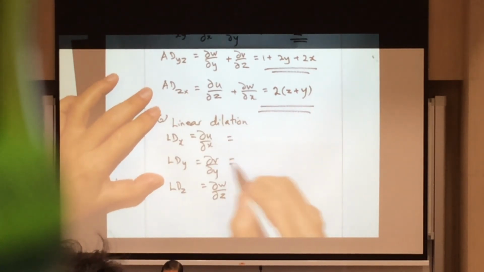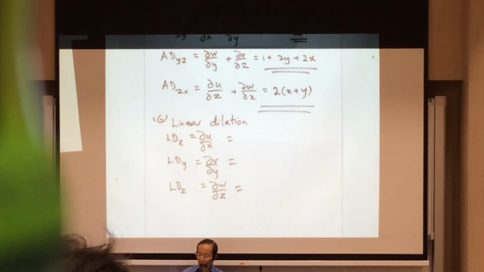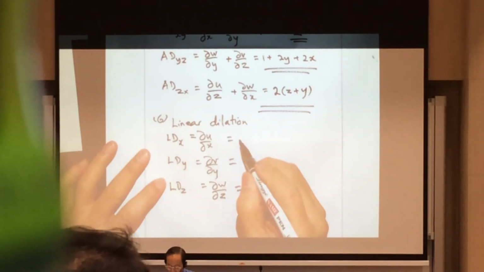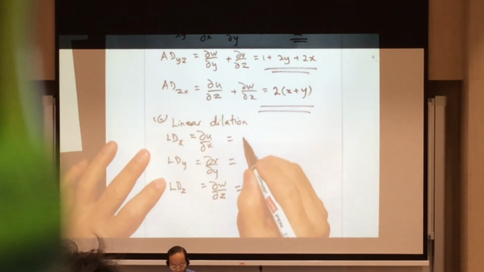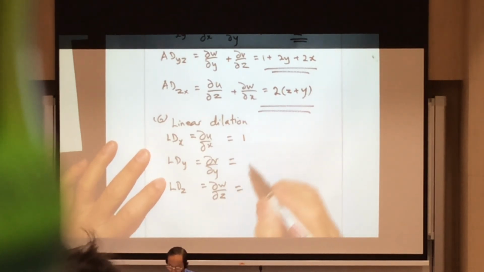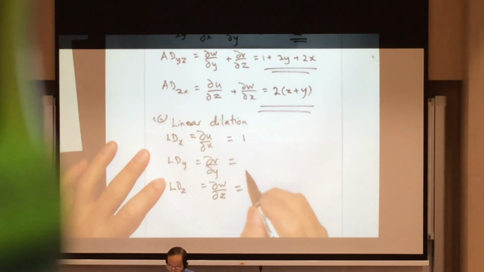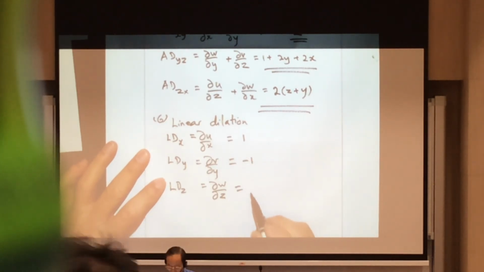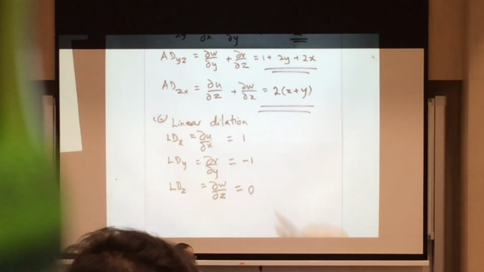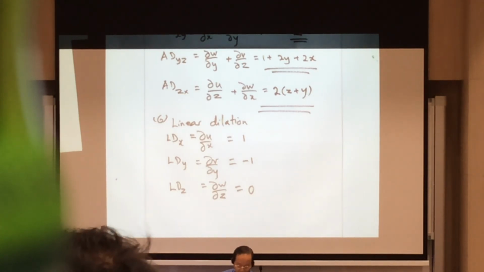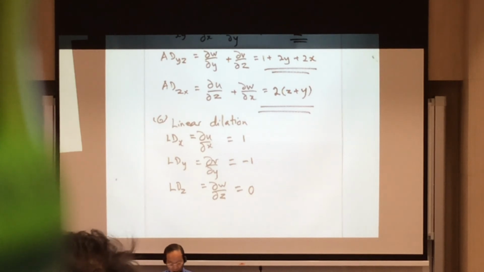From the given expressions involving u, v, and w, you do your simple differentiation. Del u del x will be equal to 1. Del v del y will be minus 1. And del w del z is 0 from the given expressions in the question, the first three expressions for u, v, and w.